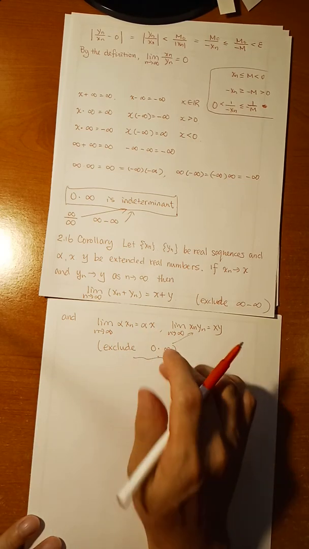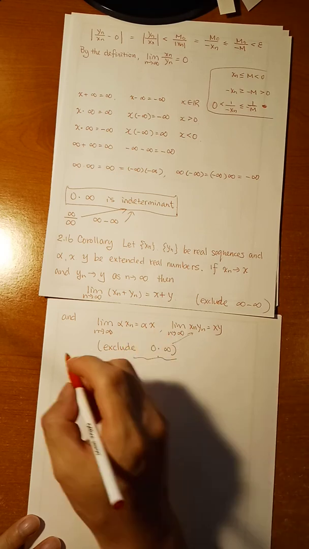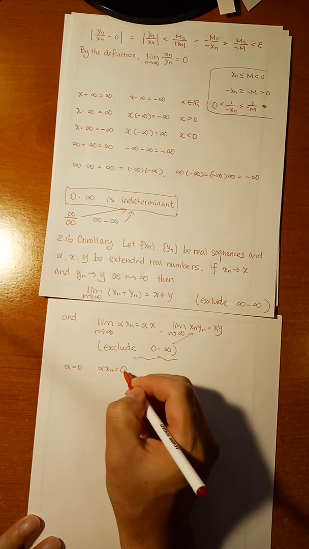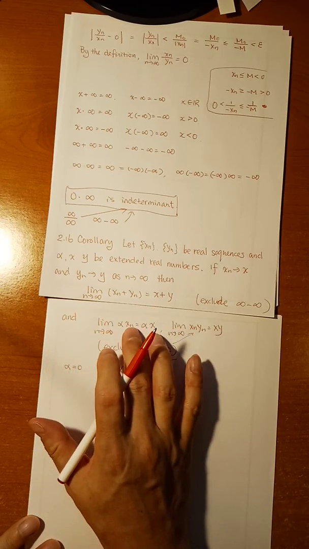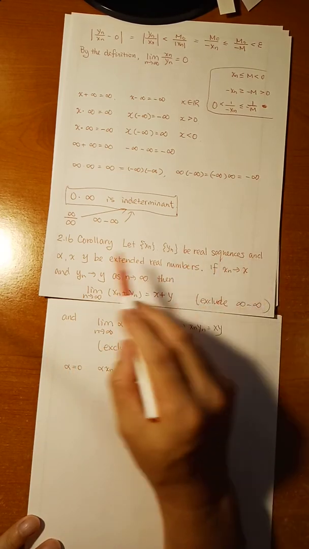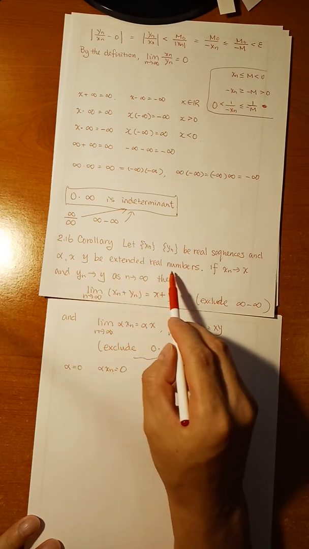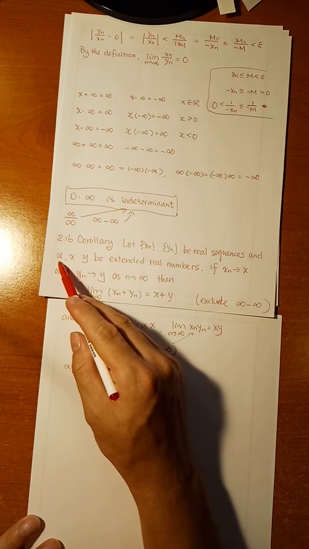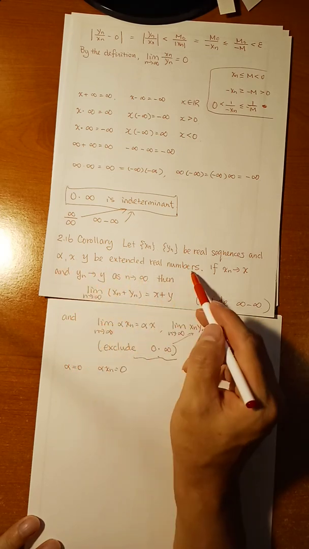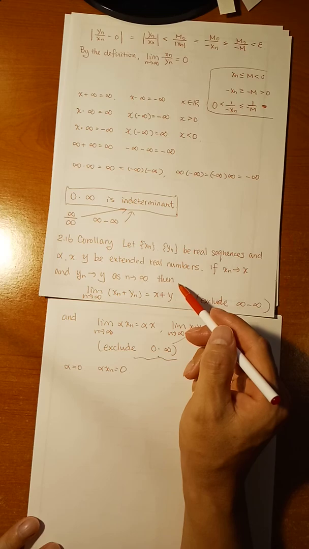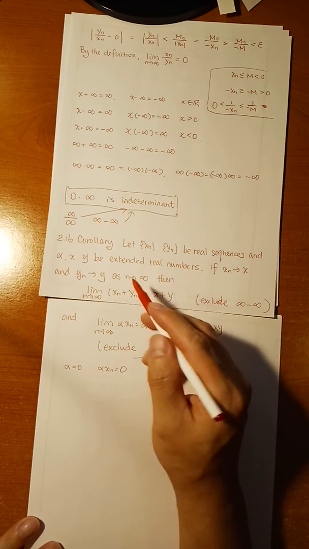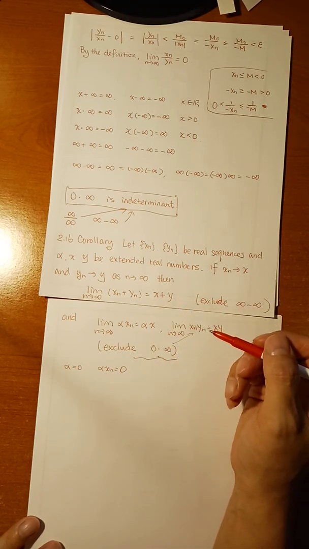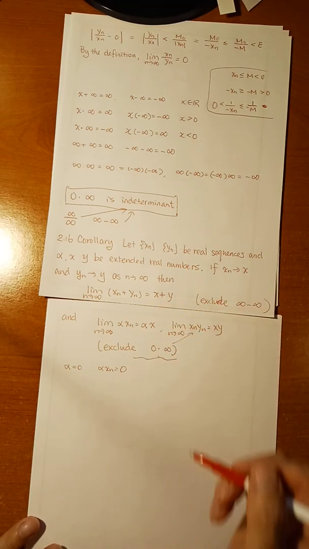So we don't discuss the case when alpha is equal to 0. All the xn's are real numbers. Here, when we say alpha, x, y to be extended real numbers, alpha we don't consider as infinity. When we say extended, we mean x and y are extended real numbers. All right, so you will never say alpha times xn with alpha infinity. That's not the regular case. Okay.